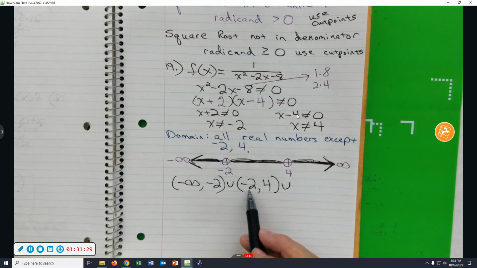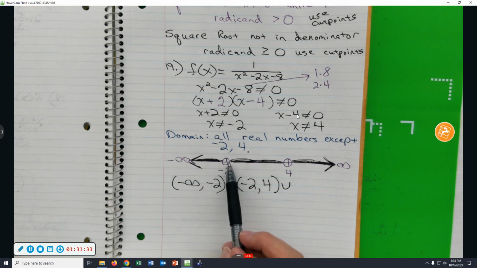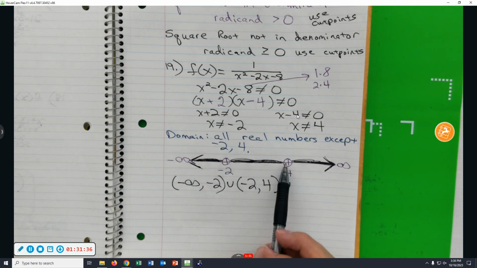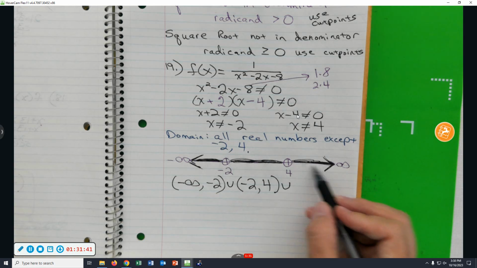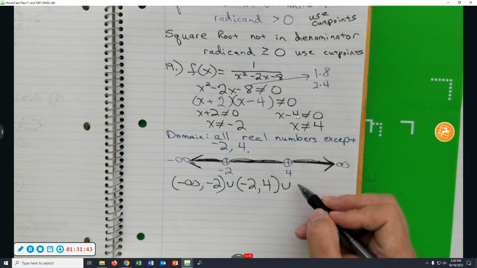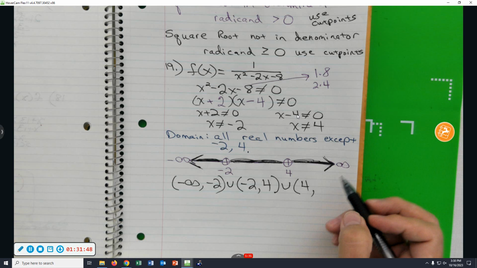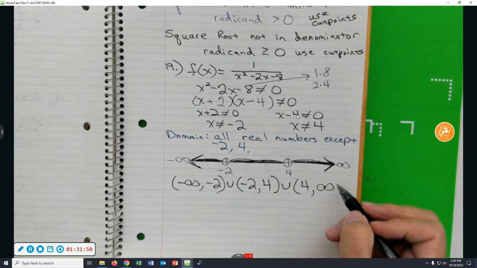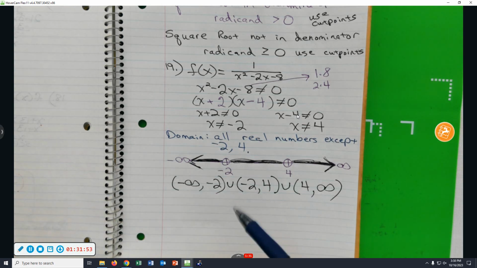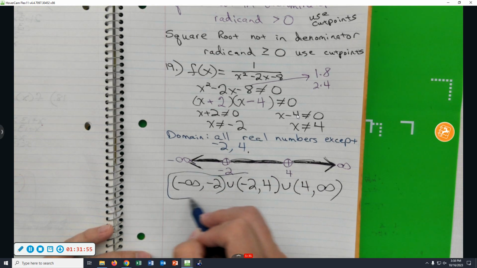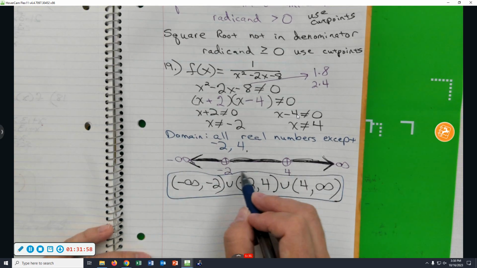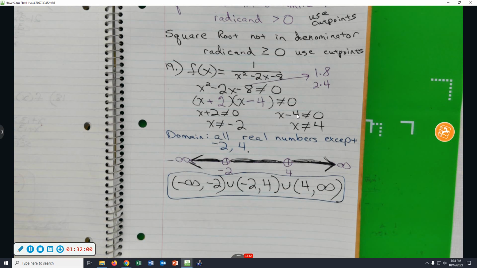Oh, by the way, this thing that looks like an ordered pair, it's an open interval saying every number from -2 to +4, not including the endpoints. Or this one, parentheses, 4, comma, infinity, parentheses. All of that to say all numbers except -2 or 4.